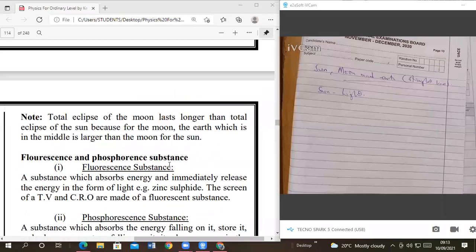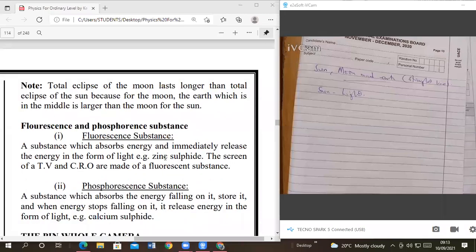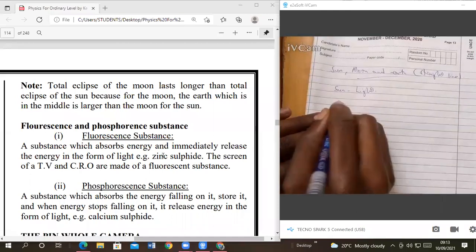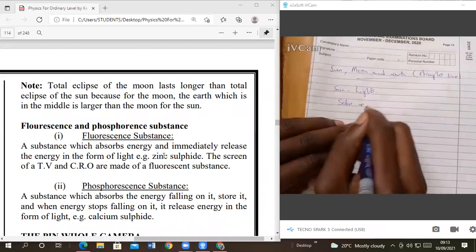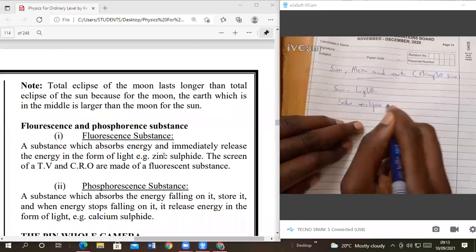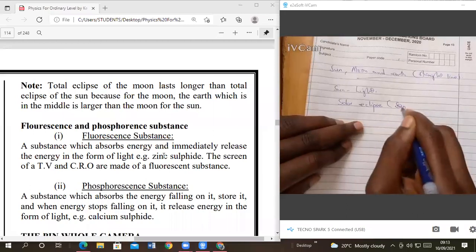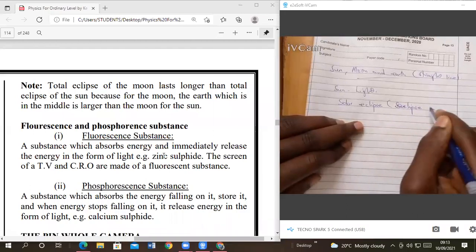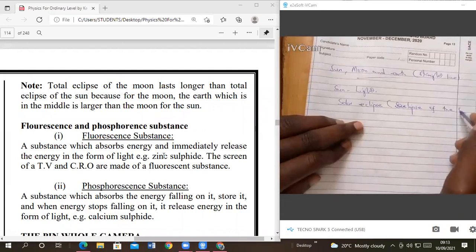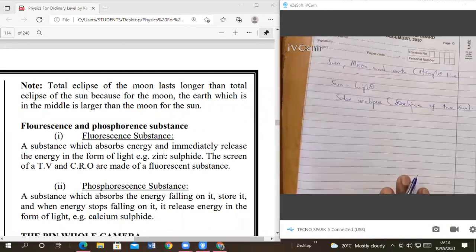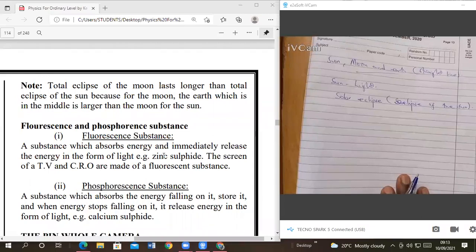So we are saying the types of eclipse formed depend on the position of either the moon or the earth. We say there is what we call the solar eclipse, which we sometimes refer to as the eclipse of the sun. An eclipse of the sun is divided into two.